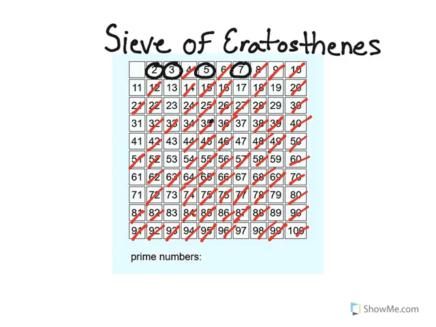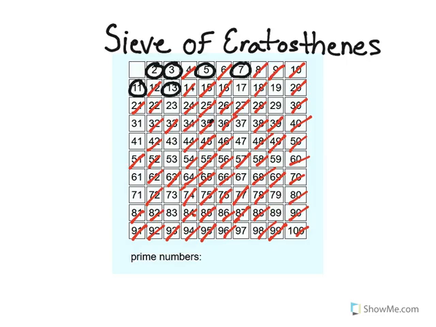Okay, so the next thing that we want to do is circle the next prime number, which would be 11. So we're going to circle 11, and then we do multiples of 11. So you got 11, and then you have 22, 33, 44, 55, 66, 77, 88, 99. That's been crossed out. The next prime number would be 13, okay?